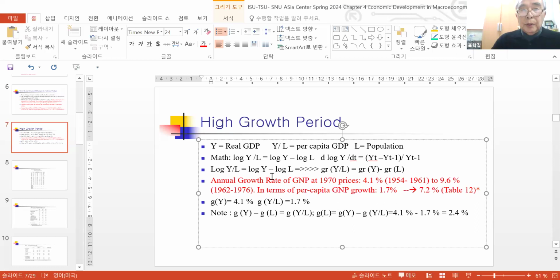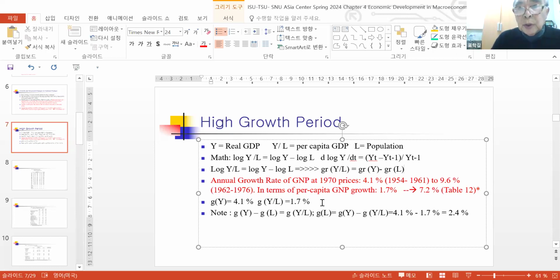So in this red marked term, look, during 1954-1961, annual growth rate of GNP 4.1%, in per capita terms 1.7%. So I translated this into this here.